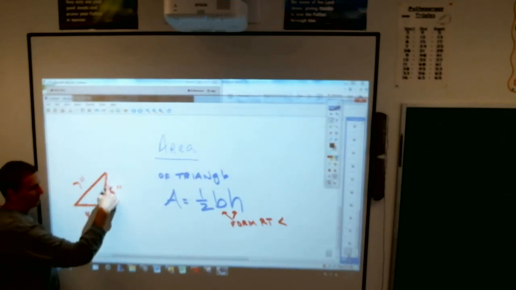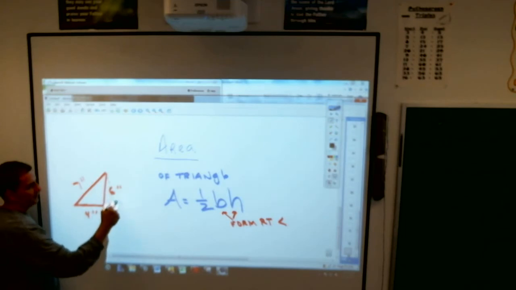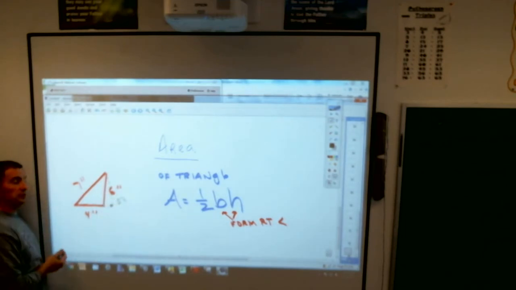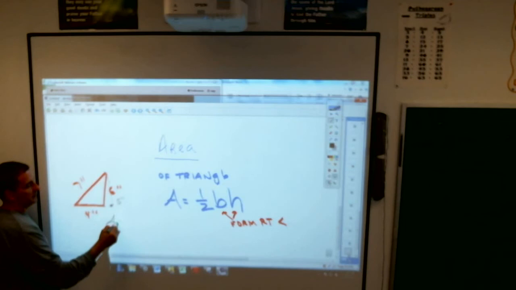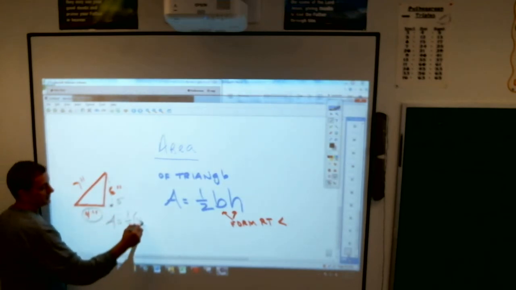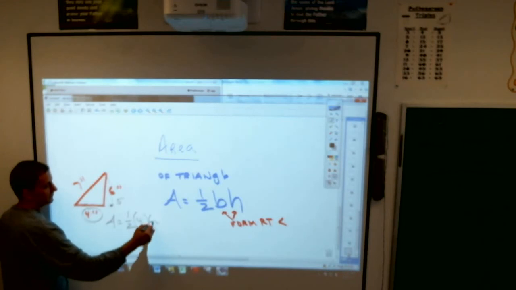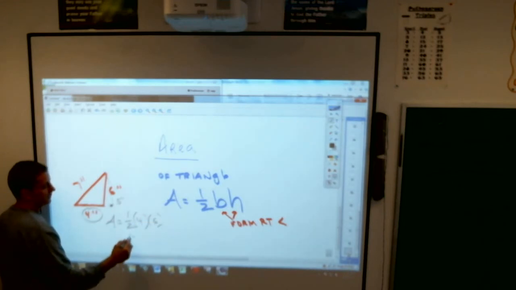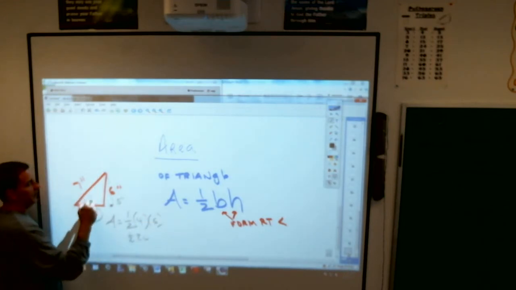And then they'd have to tell you how tall that is. Maybe that's 5 inches. Now you can do the problem. Area equals 1/2 of 4 times 5, which would be half of 20, which is in fact 10 inches squared.